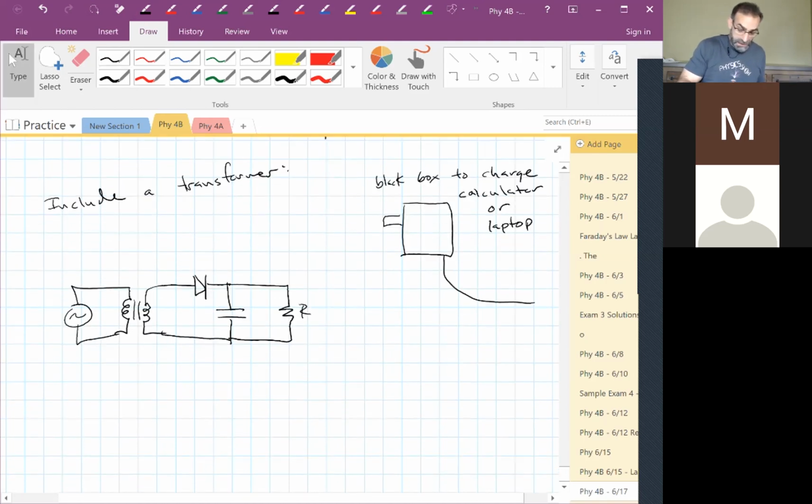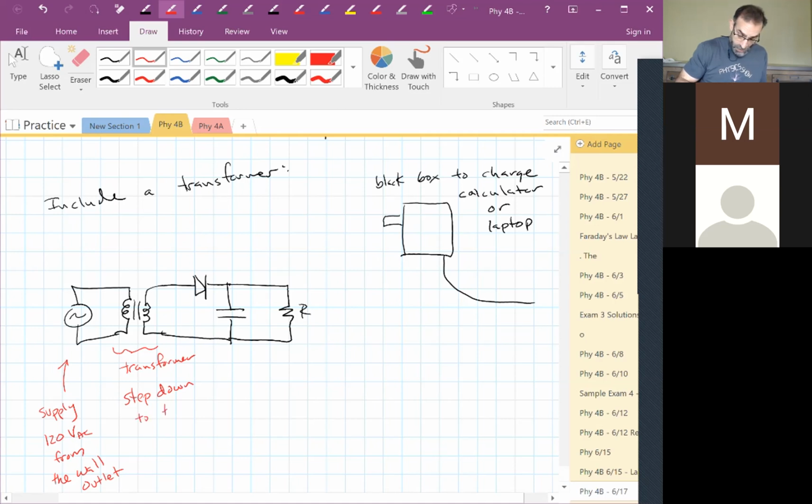Let's just walk through this real quick. This is your supply from the wall outlet. This is your transformer. What kind of transformer? Step down transformer, right?